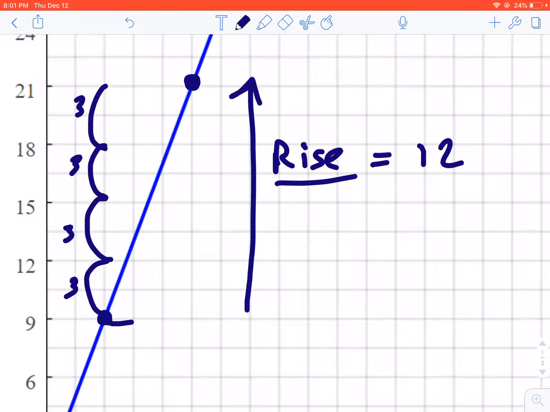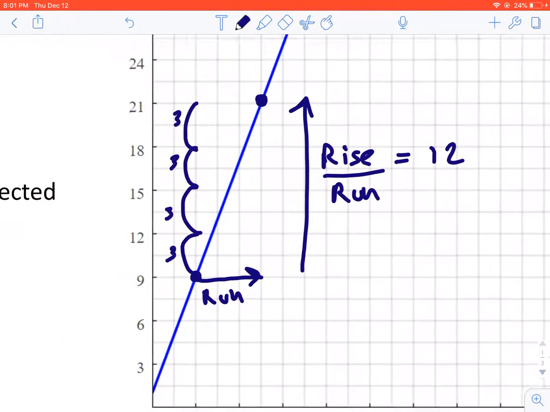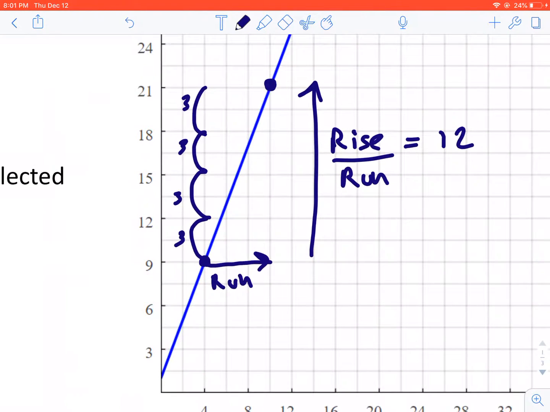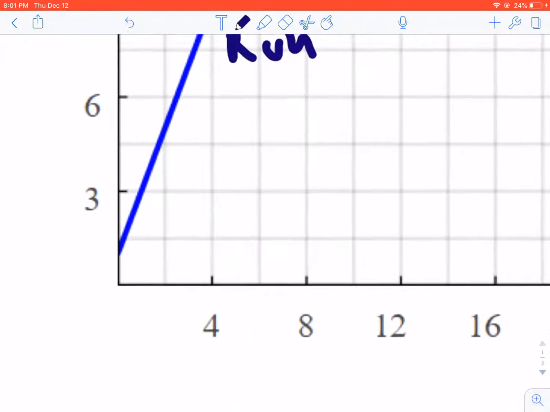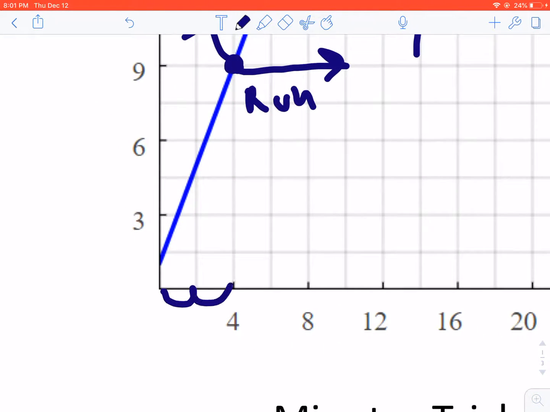Our run, which is this right here, is going to be a little different, so we're going to put run right there. So our run is, well, each one of these ticks right here appears to be going by twos, meaning that this right here is 6, this is 10, this is 14.